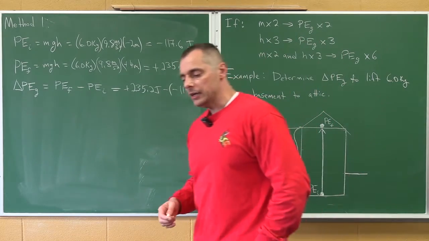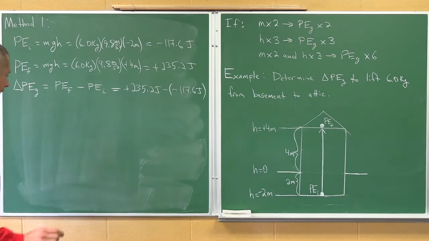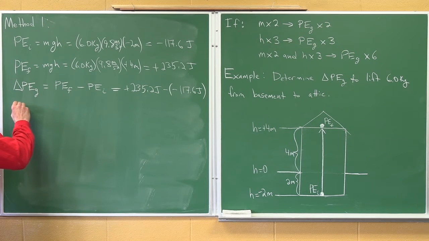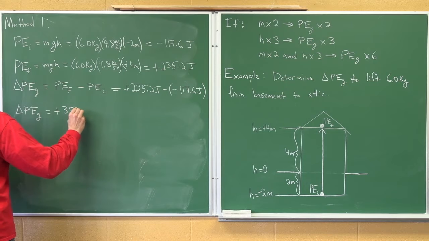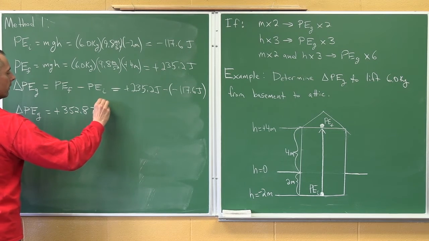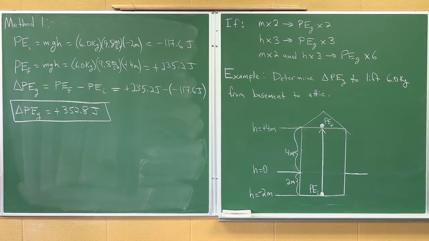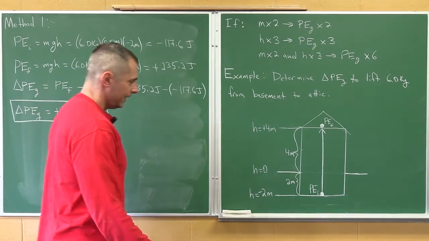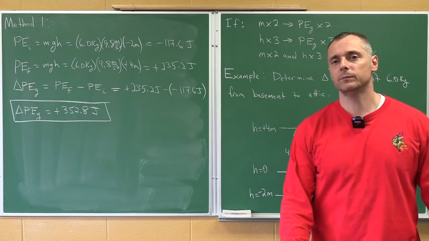Now, punch that on a calculator and you should get positive 352.8. Do that on a test, and you'll get the question correct.